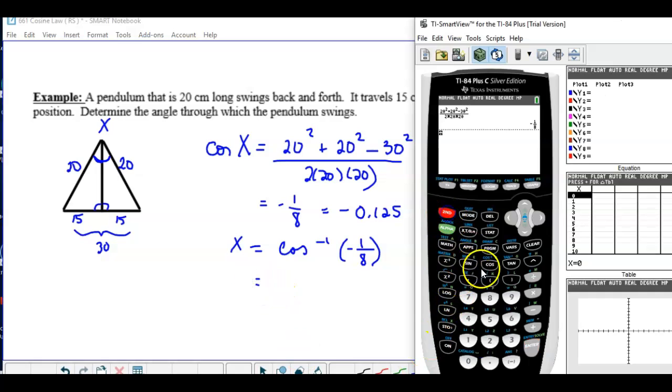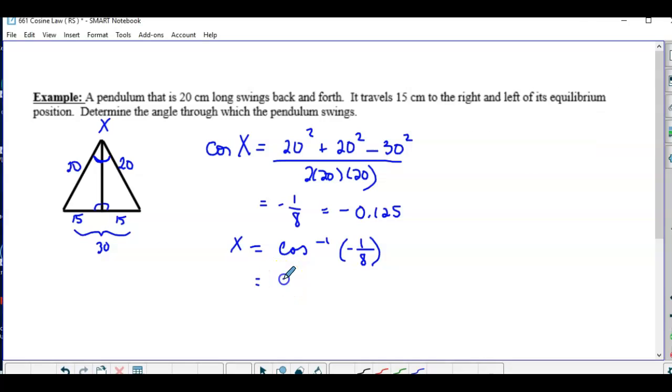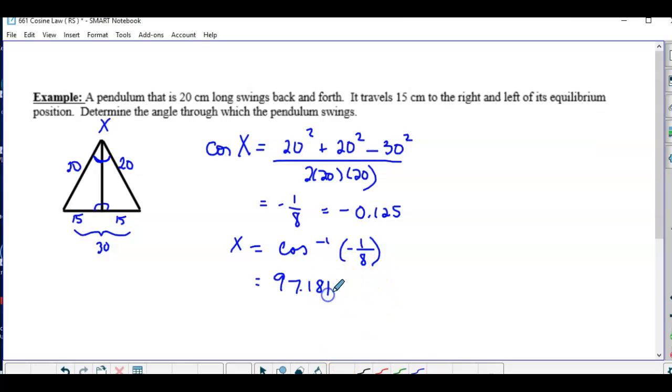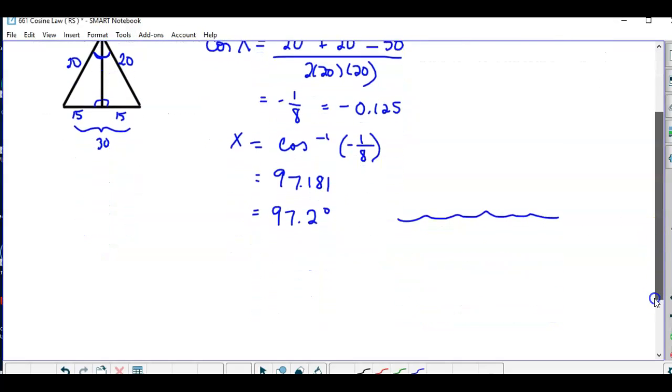Okay, so then second cos of that answer, and enter on that, and you get 97.181, and it doesn't say what to round to. We'll go to 1 decimal place, so 97.2. Okay, and then write a sentence, okay, because it's an application question. All right.